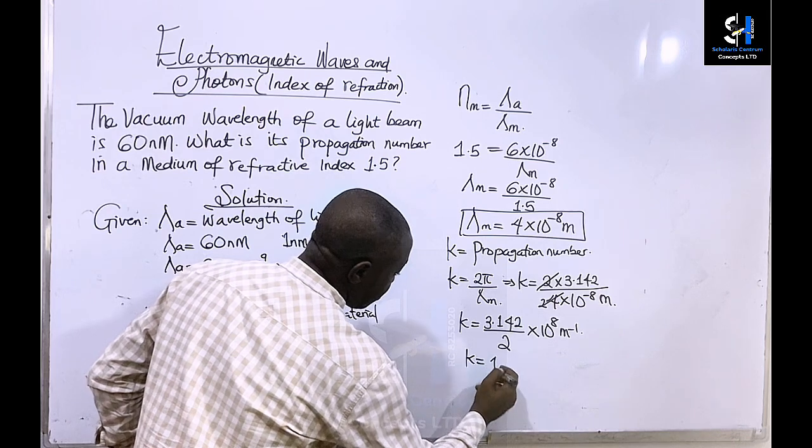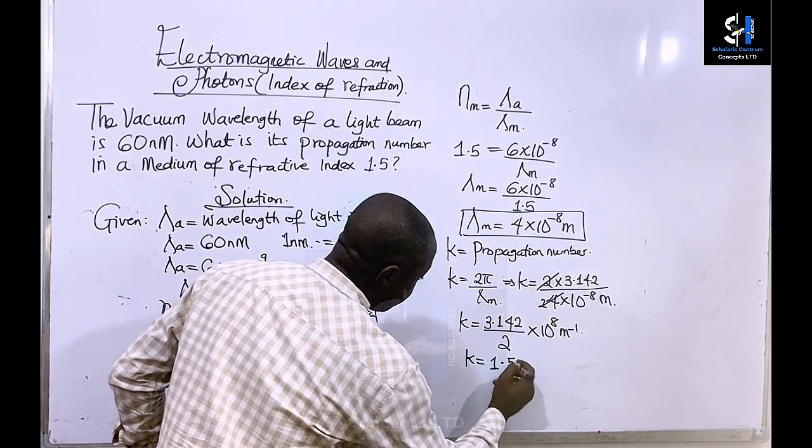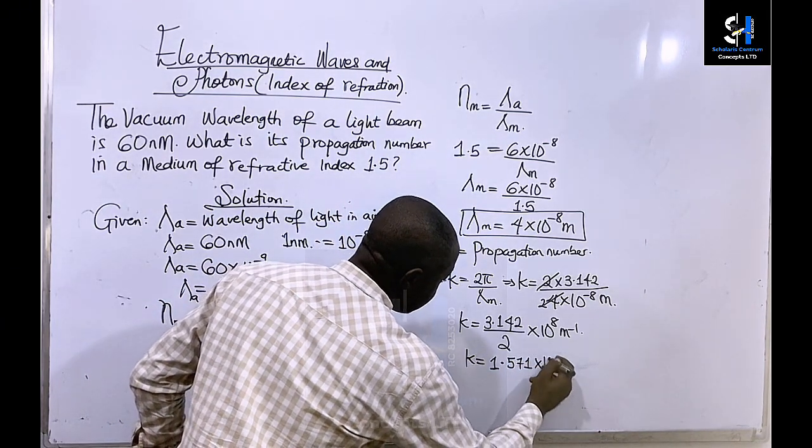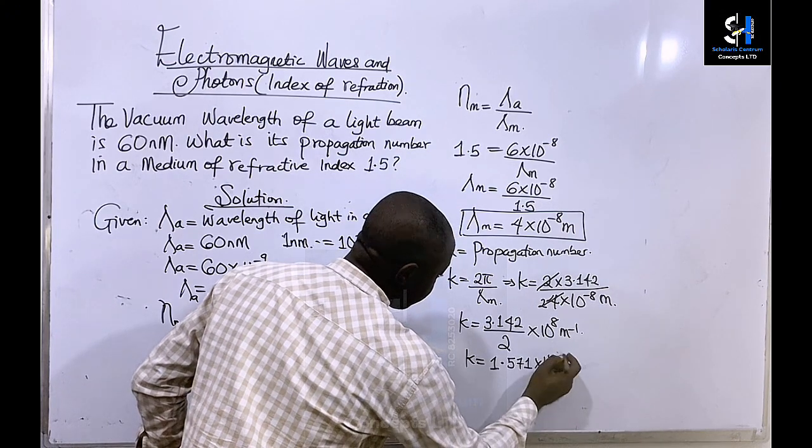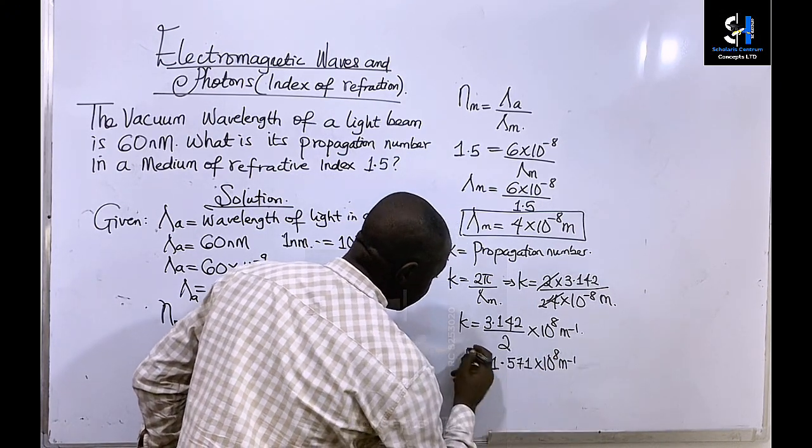So K equals 1.571 times 10 raised to the power of 8 per meter.